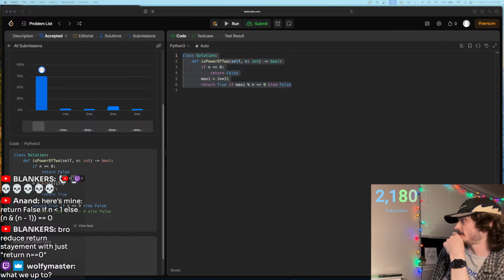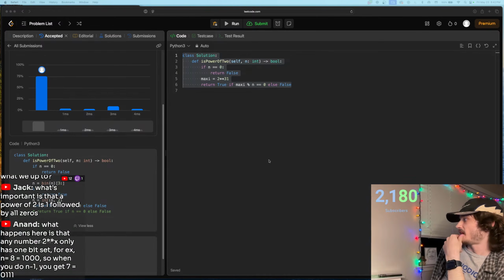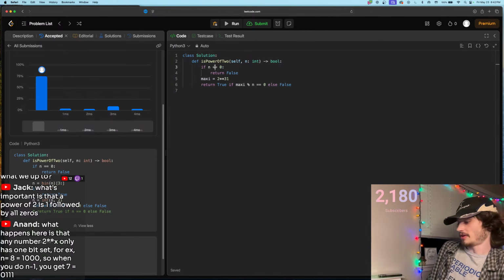For positive values, it works, because powers of 2 are always positive unless you... So you just have to add a fixed positive check then. If n is less than or equal to 0, all you have to do is that.